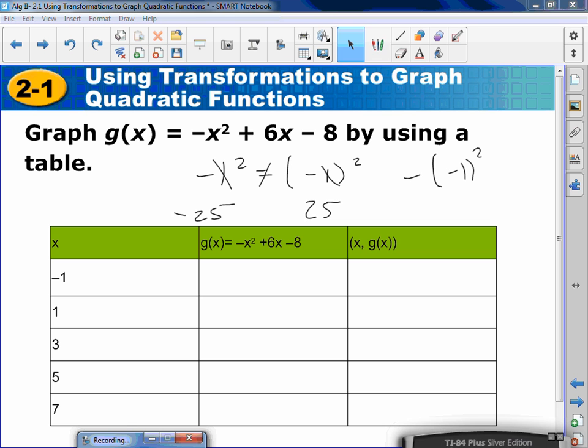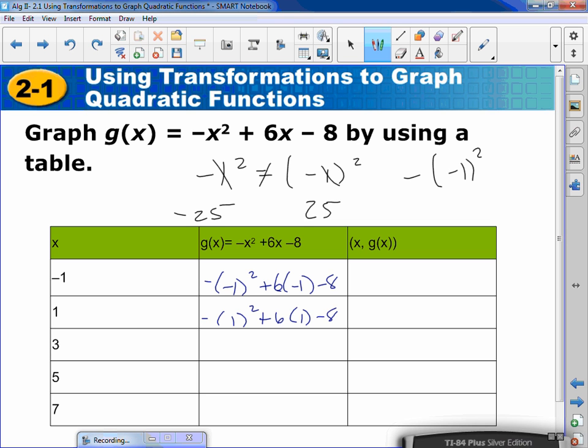All right, when we substitute in, we have negative (negative 1) squared plus 6 times (negative 1) minus 8. Then negative (1) squared plus 6 times (1) minus 8. Whenever I'm substituting in an x, I put parentheses around it, that way I know I'm not going to mess up with signs.